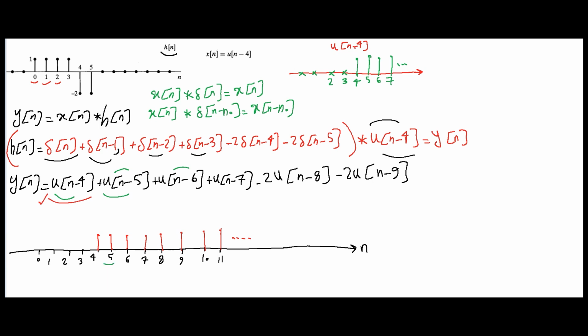Likewise, u[n minus 5] becomes 1 at n equals 5. u[n minus 6] becomes 1 at n equals 6. u[n minus 7] becomes 1 at n equals 7.